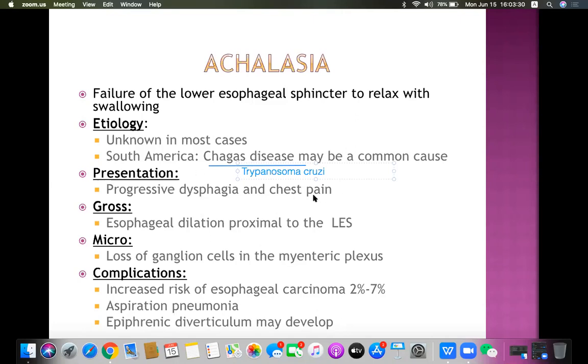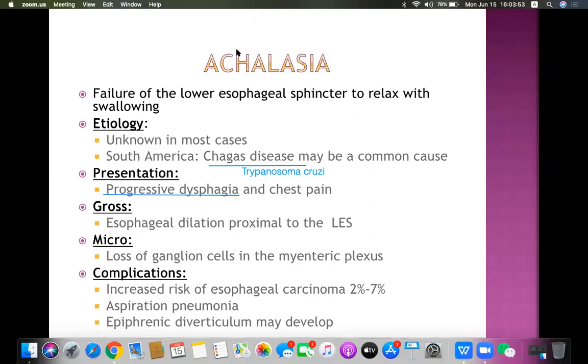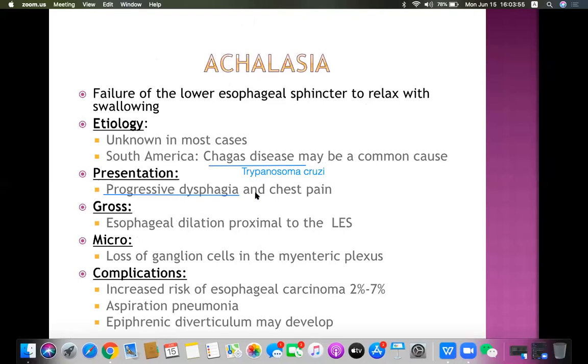Now, what is the presentation of achalasia cardia? It presents with progressive dysphagia and chest pain. This progressive dysphagia is an important one here. Progressive means it is increasing day by day; every day it is getting more and more severe.